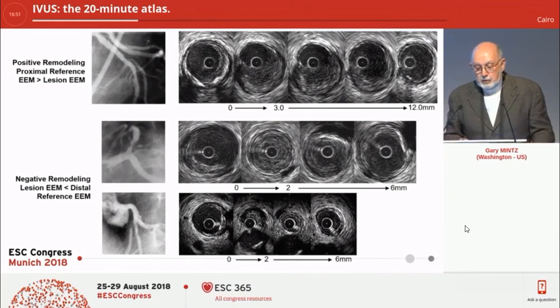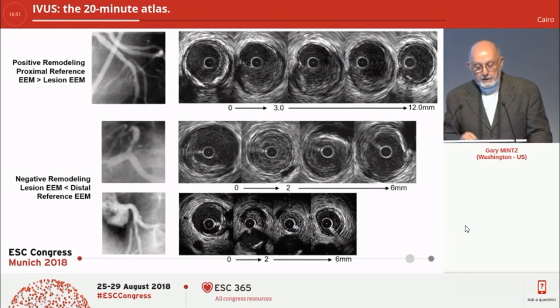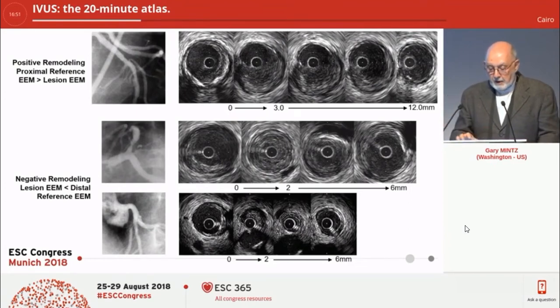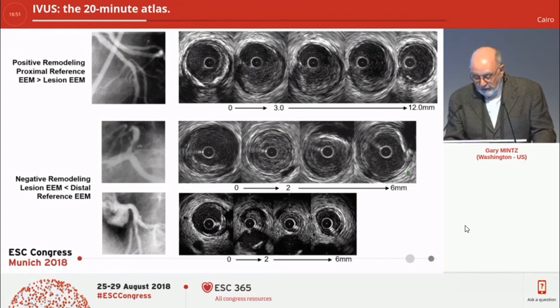When we look at individual lesions, we tend to classify them as positively remodeled, intermediately remodeled, or negatively remodeled. Here's an example of a positively remodeled lesion where the lesion site adventitia, or EEM, is greater than the proximal reference. Here's a lesion with negative remodeling where the adventitia is smaller than the distal reference.